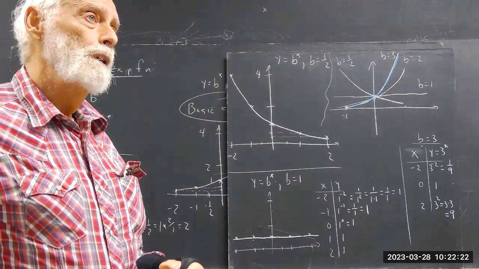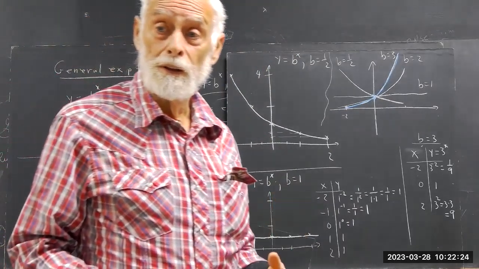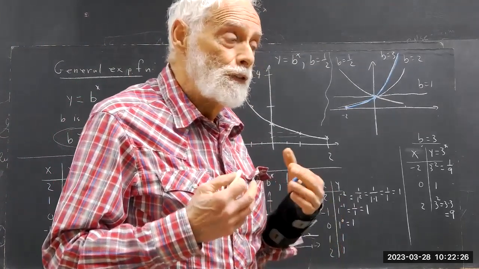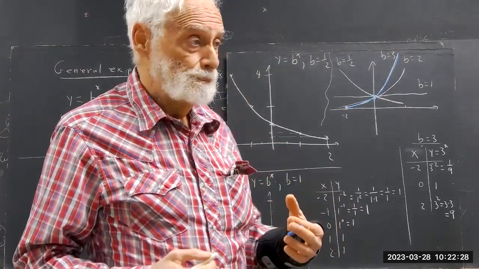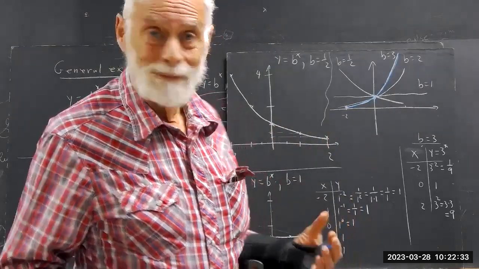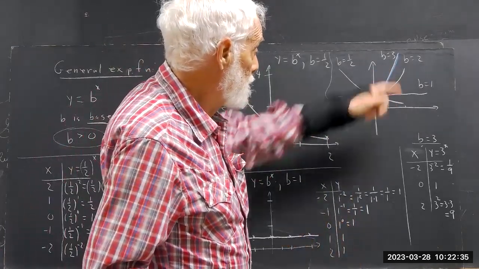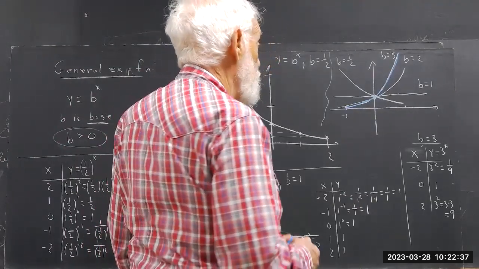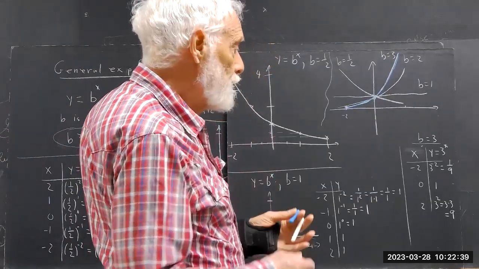And the graph for b equals e, and I haven't even told you what e is, but e is about 2.7. It lies between the b equals 2 and the b equals 3 graph. Okay. That's going to be very important.